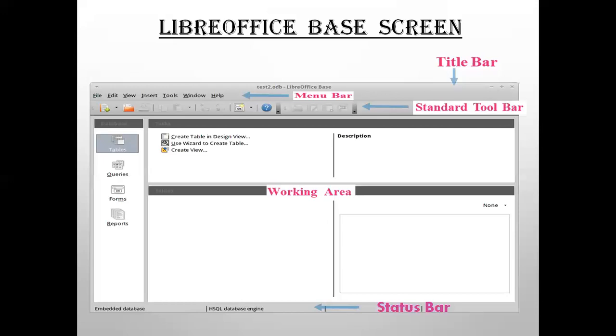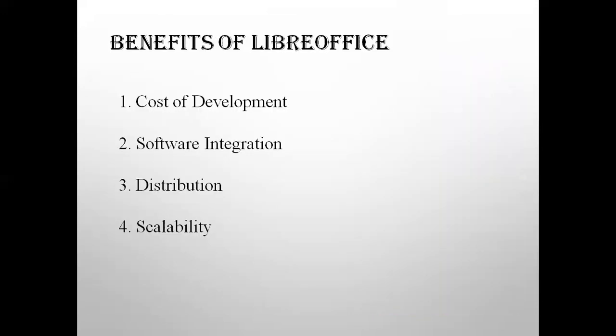The status bar was showing page numbers, words and character count, language, zoom, that percentage, then the view layout, etc. So here also the status bar shows some things which are related to the LibreOffice Base application. LibreOffice Base is an excellent tool for creating databases in the LibreOffice suite.